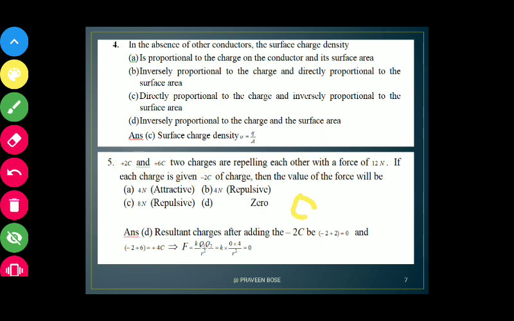So what is the force between 0 and then we are adding minus 2 Coulomb to plus 6 Coulomb. What is minus 2 plus 6? It is plus 4. So what is the force between 0 and plus 4? The force between 0 and something is 0. So the correct answer is 0.